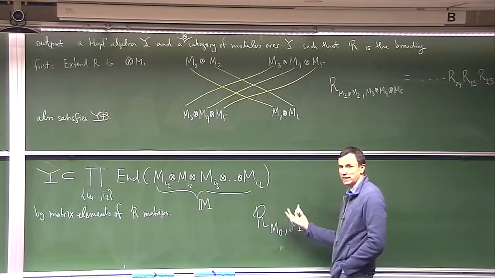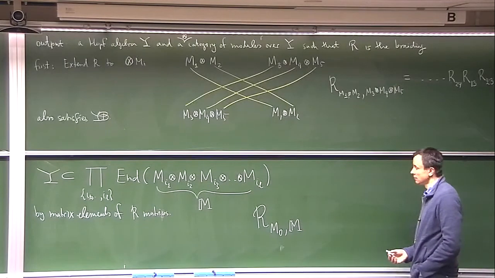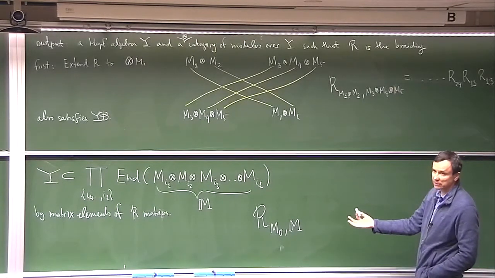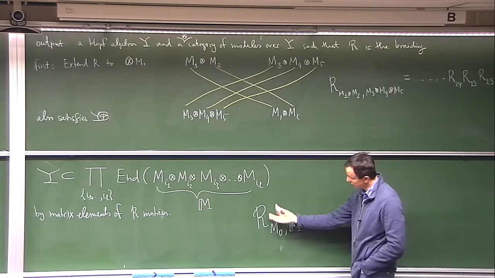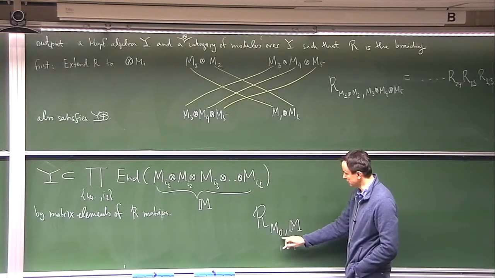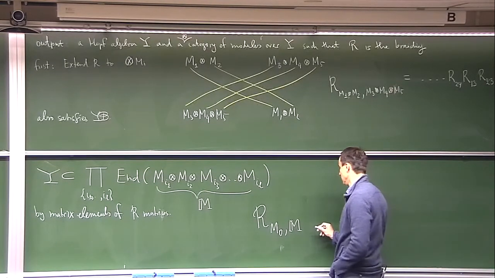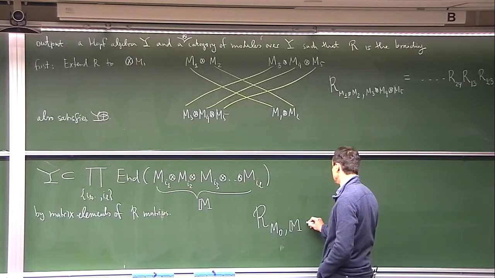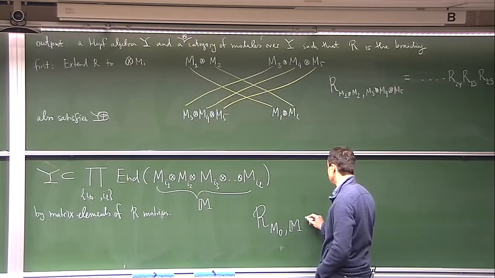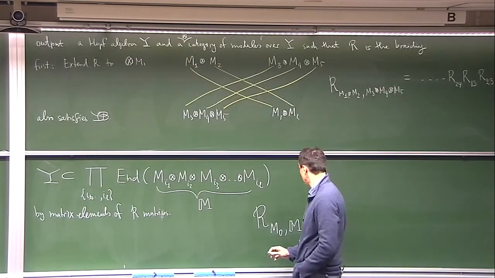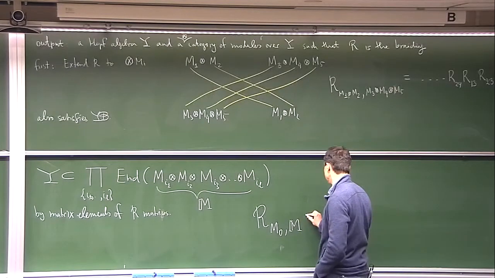So I have an R matrix, and I take the matrix element of this R matrix in the auxiliary space. It means I apply it to some fixed vector.